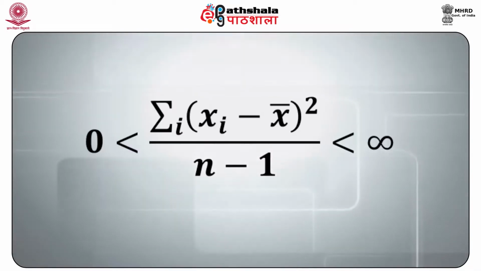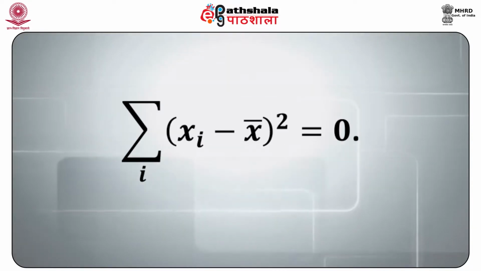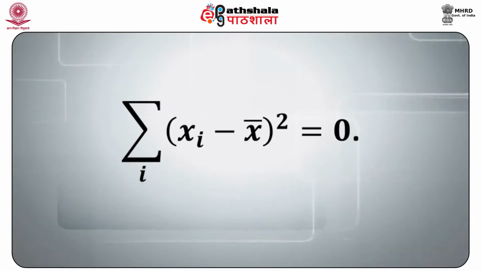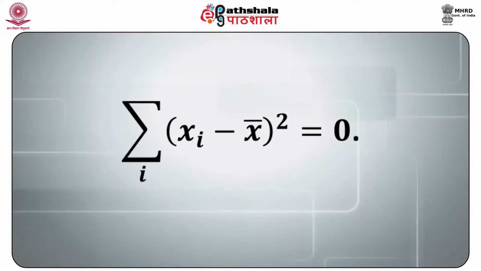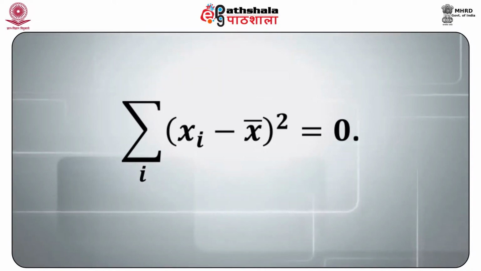In other words, all the values of xi in the same sample cannot be the same, which means that sigma xi minus x bar square upon n minus 1 is greater than 0 and less than infinity. Now, if all the values of xi are the same, we would have sigma xi minus x bar square equal to 0. Thus, it will not be possible to estimate the OLS parameters beta 0 and beta 1.